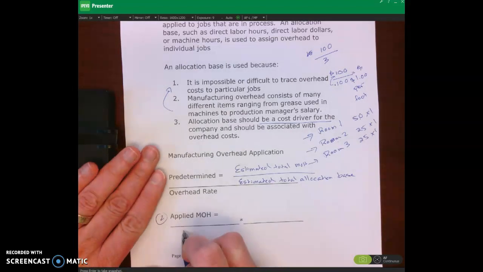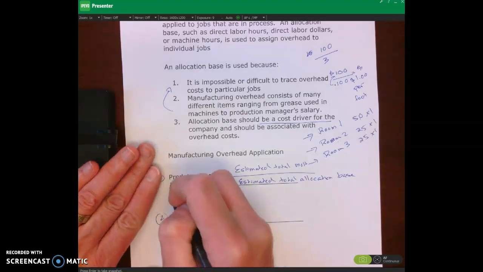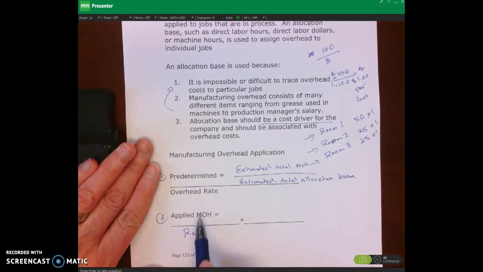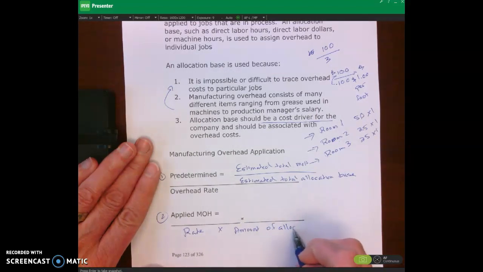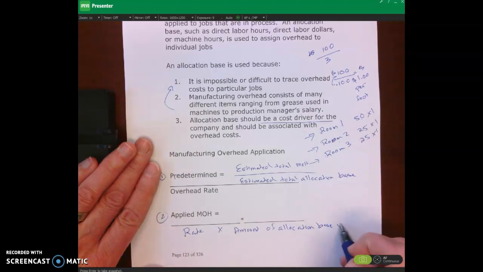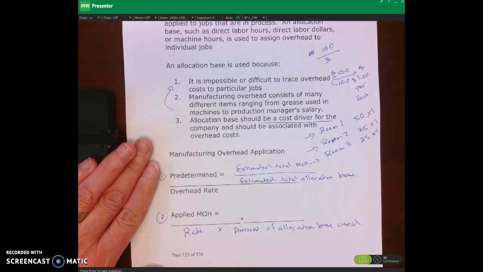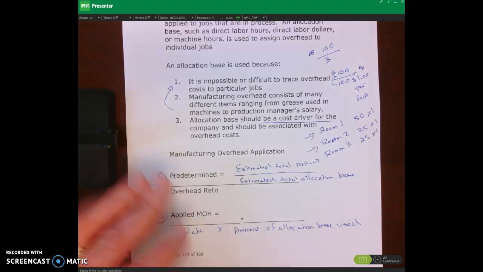So I'll write that down here. We have our rate that we calculated up here. So we have to do our rate first, times amount of allocation base used.